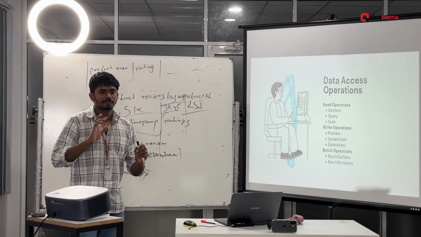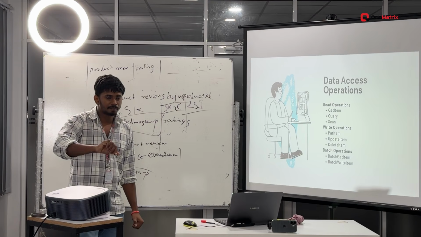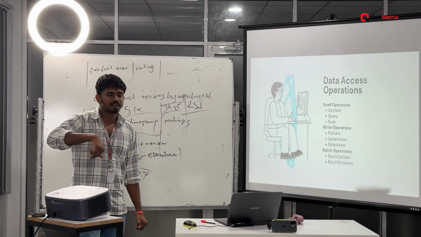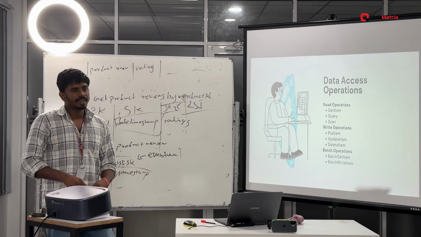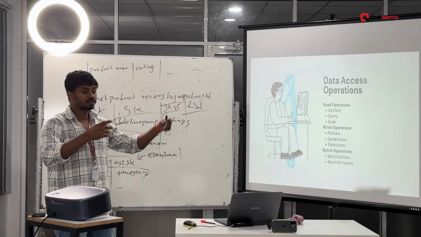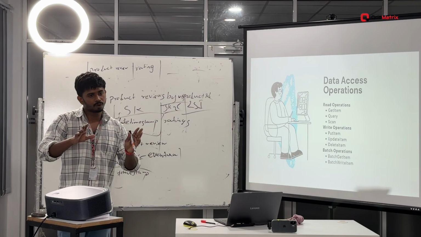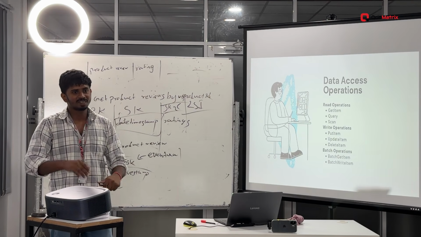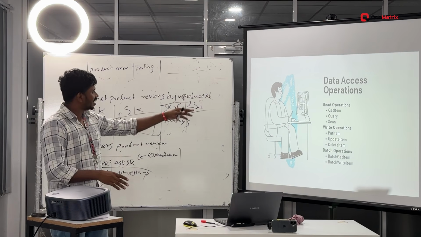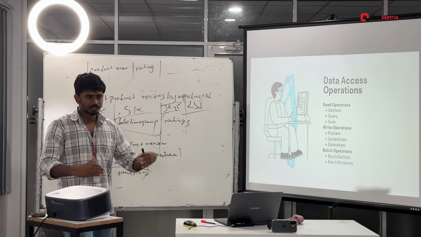For get item, we need to specify the exact partition key and the sort key, and it will give you just the one item matching these two keys. That means the primary key actually. If you don't have a sort key, then you don't need to mention it. If you have two keys, then you need to mention both keys.